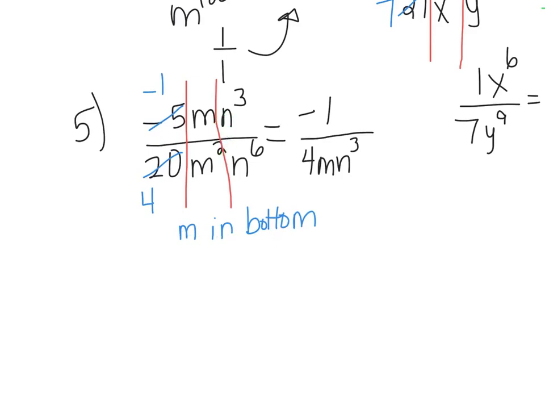And same thing here, we're starting with the 6 minus 3, so we will have n to the 3rd in the bottom. So here's our final answer there. In this case, we do need the 1 up here in the numerator because there's no variables to go with it.